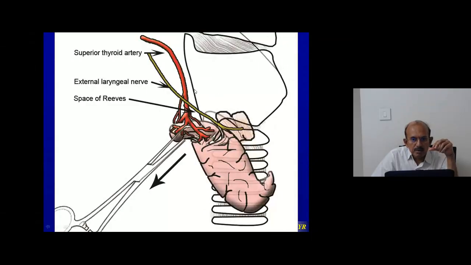So this cave of Reeves is nothing but the loose areolar tissue that lies behind the medial surface of the thyroid gland and the outer surface of the cricothyroid muscle and thyroid cartilage. It has the external laryngeal nerve. Hope I am clear.